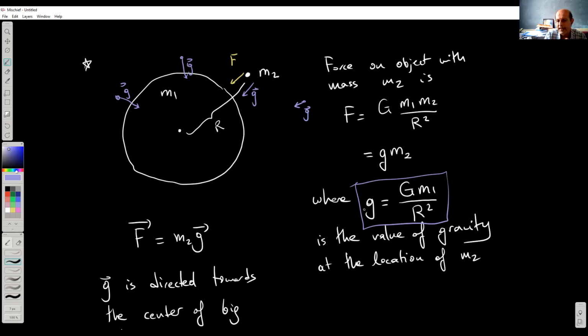So in any case, we can compute the value of gravity as a function of our distance from the Earth, for example. So when people talk about the gravitational field produced by the Earth, they actually talk about this value in here.